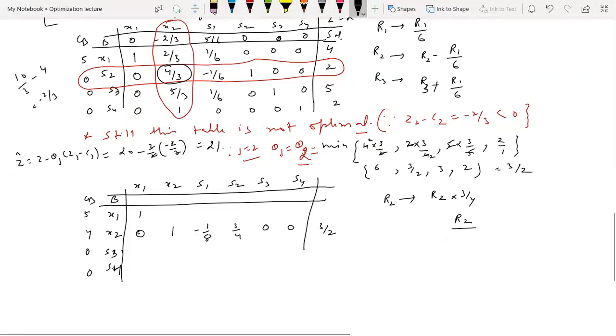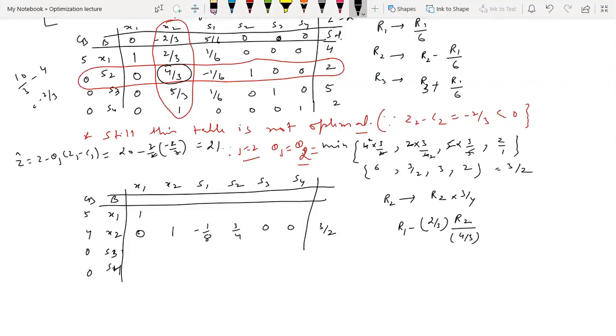So I should write down that row 2 divided by 4 by 3, this entry will become 1, and then you multiply with whatever coefficient is available here, 2 by 3. So this entry will become 2 by 3, and now you subtract it from row 1.